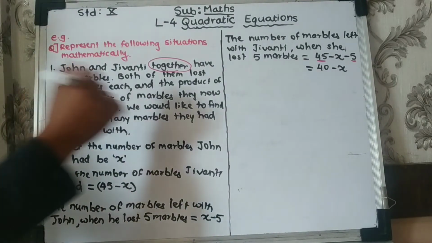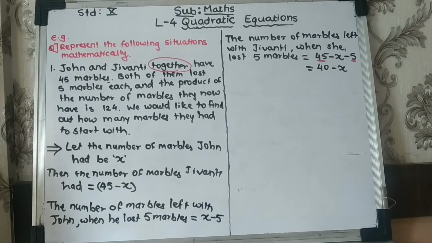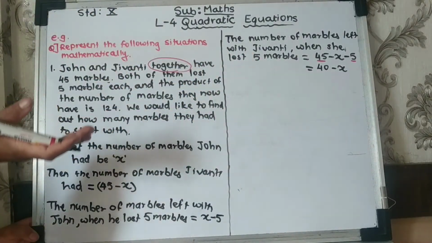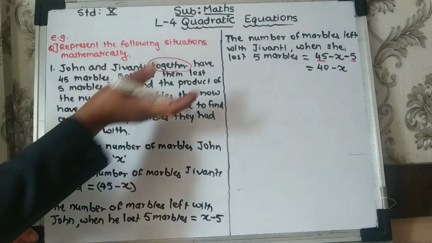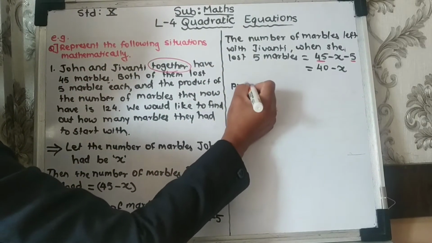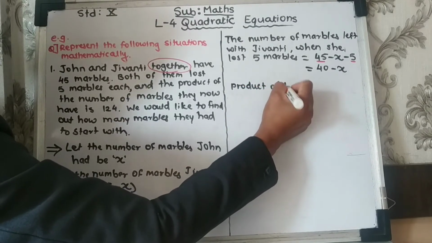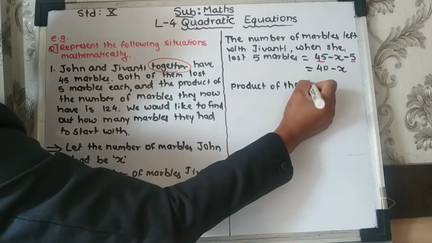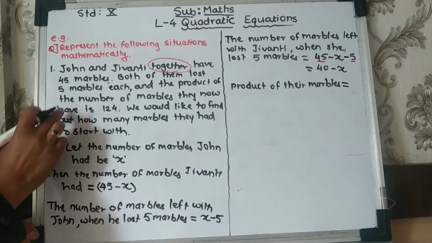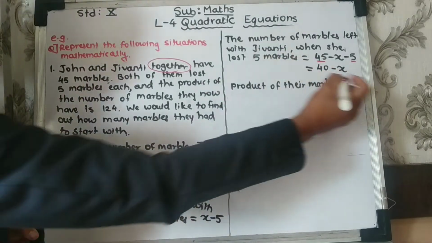Now next is what is given: the product of the number of marbles they now have. Step by step I am reading the statement and writing as per it. So we will write the product of their marbles is equal to 124.